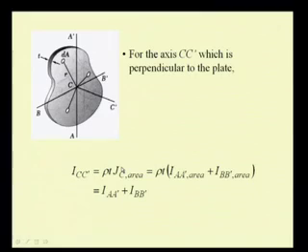That is, this J C area is equal to I AA prime plus I BB prime, the second moment of the area with respect to two perpendicular axes. So, now we have the polar mass moment of inertia of this thin plate with respect to this axis CC prime as the sum of the rectangular second moments, that is I AA prime plus I BB prime.